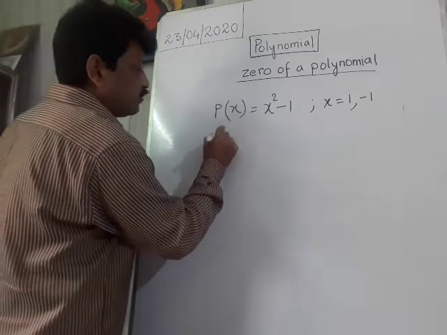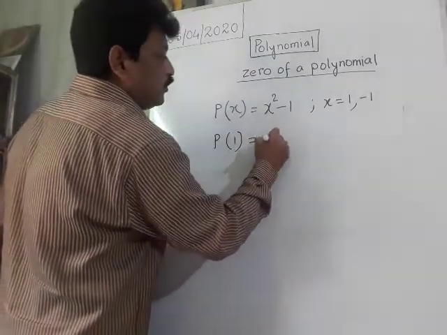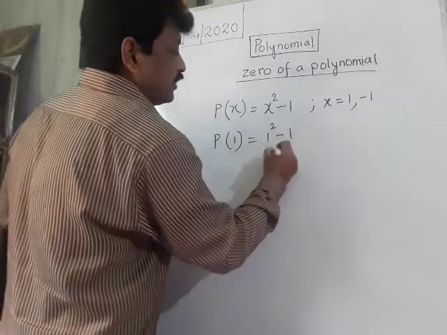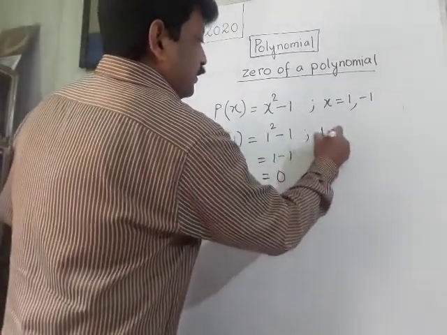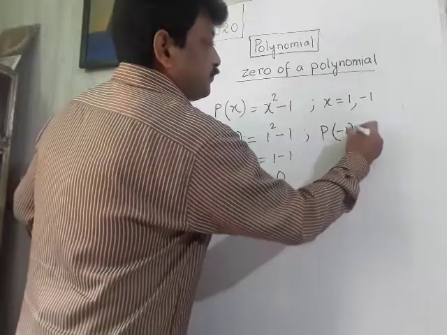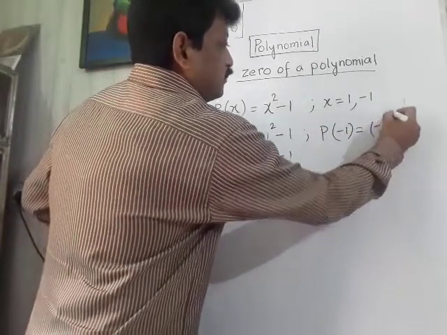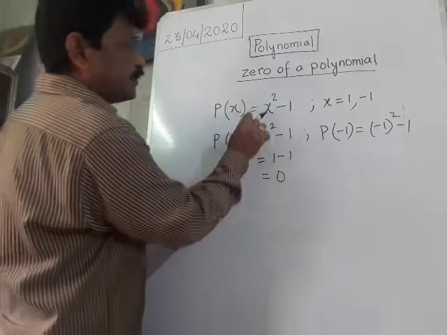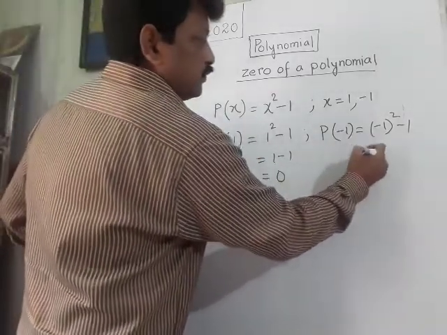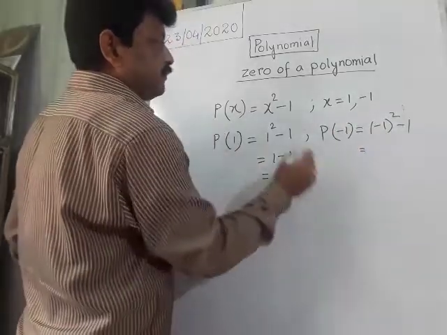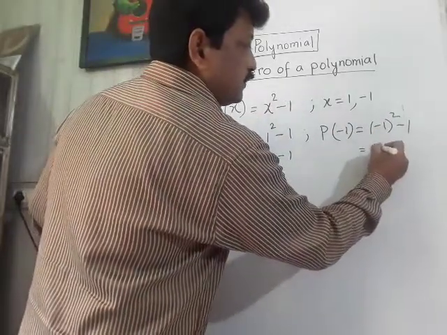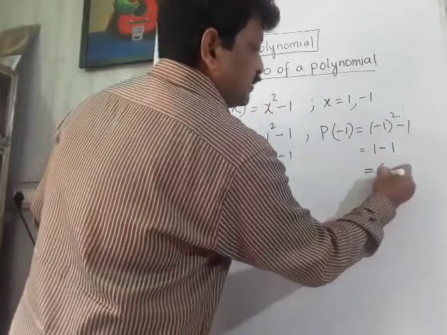First I am replacing x with 1. So p(1) equals 1 squared minus 1, that is 1 minus 1, that is 0. P(minus 1), that is minus 1 square minus 1. I am replacing x with minus 1. So this one is also 1 minus 1, which is 0.